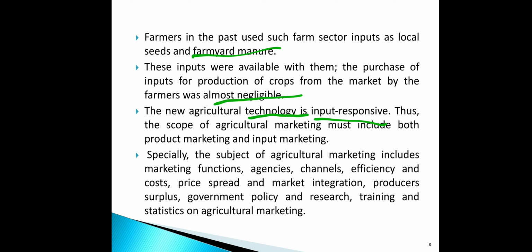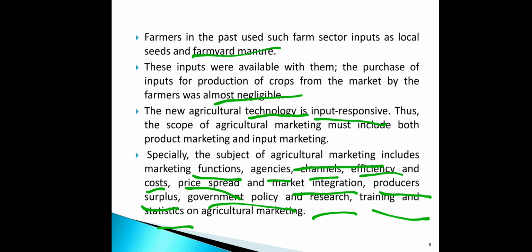Especially, the subject of agriculture marketing includes marketing functions, agencies, channels, efficiency and cost, price spread and market integration, producer's surplus, government policy and research, training and statistics on agriculture marketing.